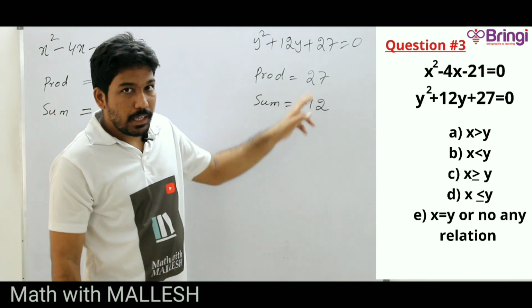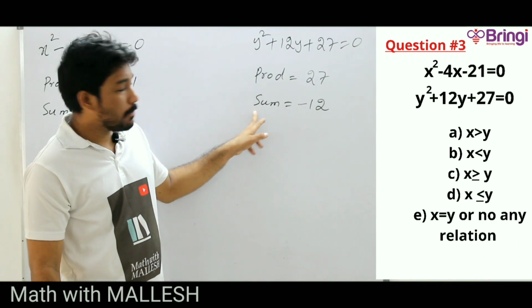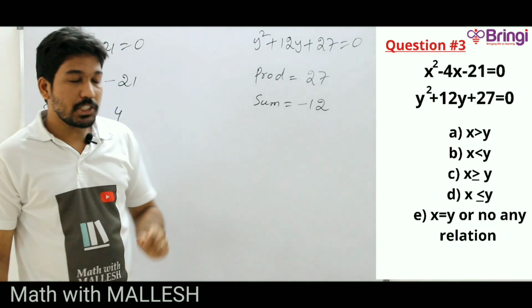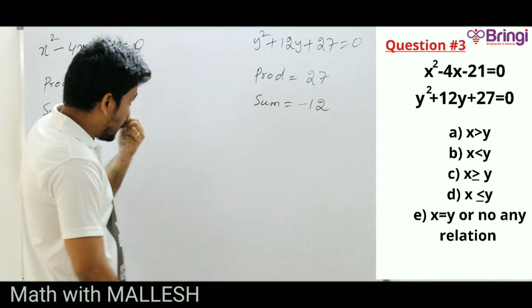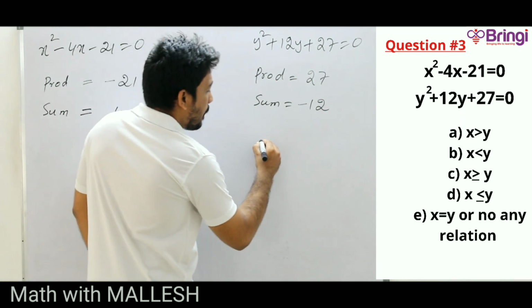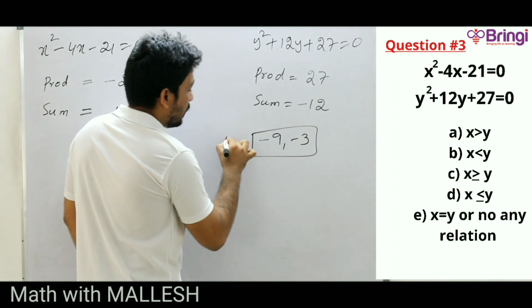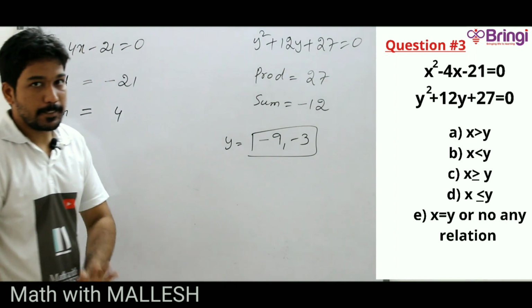When you multiply, you need to get 27. And when you are doing sum, you need to get -12. First of all, 9 comma 3 are the options, and -9 and -3 are the original answers. How do I know?